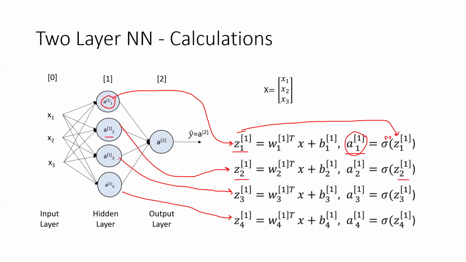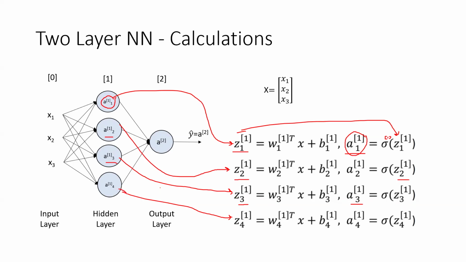Similarly, for the third neuron you can calculate Z31, which is the linear combination of the third neuron of the first layer, and then apply the activation function to get the activation output A31, which is the output of the first layer's third neuron.